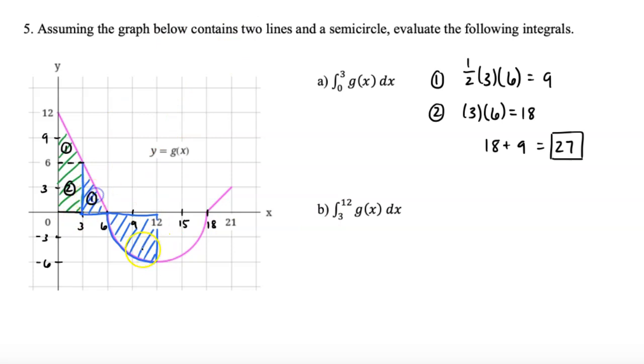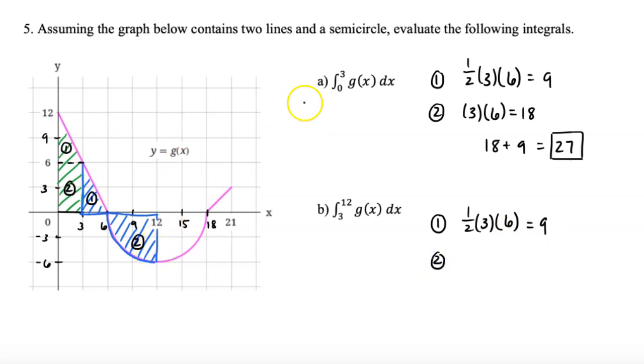So this is going to be 1, and this is going to be 2. And so region 1, for my second integral, is going to be a triangle. And so this area is going to be 1/2. The base is 3 units. The height is going to be 6 units. It's actually the same exact size of this first triangle here, which is 9 units.